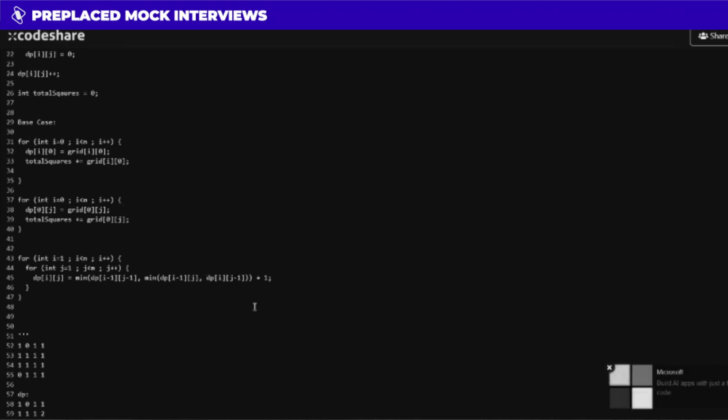Have a look at the variable you're using there, line number 37. Oh yeah, I made a mistake. Again, total squares plus equals dp of i, j. Right. So I should return total squares.